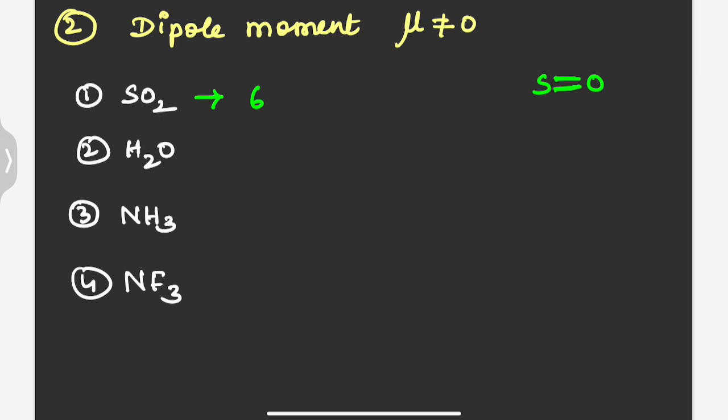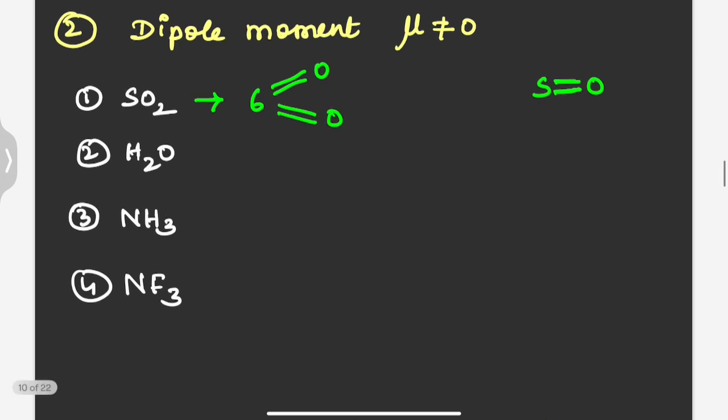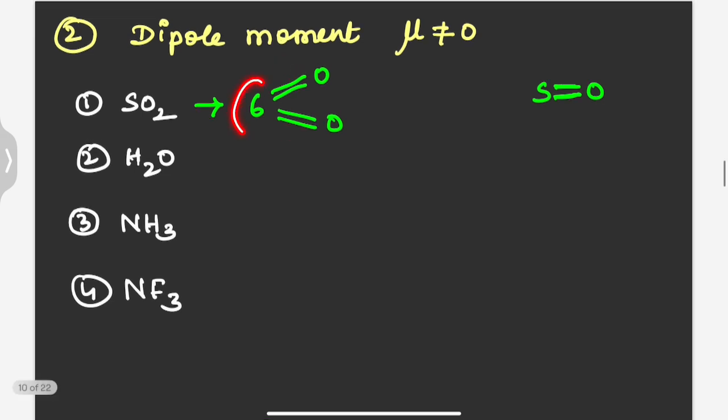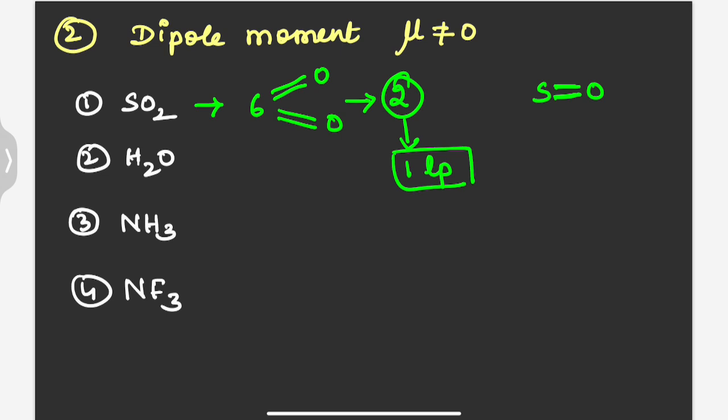In the same way, out of the 6 electrons, it forms 2 bonds with oxygen and 2 bonds with the other oxygen. So it is using 2 electrons here and 2 electrons here. Out of 6 electrons, if you remove 2 and 2, that is 4 electrons, how many electrons will be remaining? 2 electrons will be remaining. 2 electrons means 1 pair. So 1 lone pair will be present.